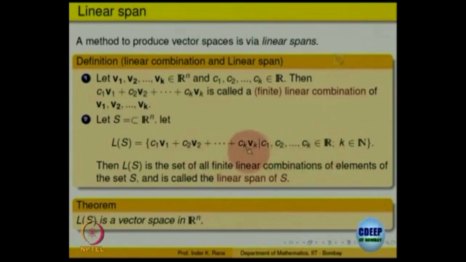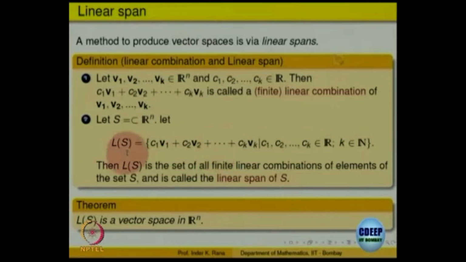Where are these v1, v2, ..., vk coming from? They are coming from the set S. So that should have been written here. Pick up v1, v2, ..., vk in S, scalars c1, c2, ..., ck in R, and look at this linear combination and make a set consisting of all these linear combinations.